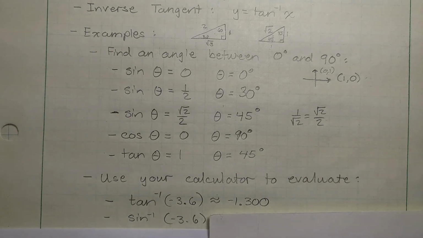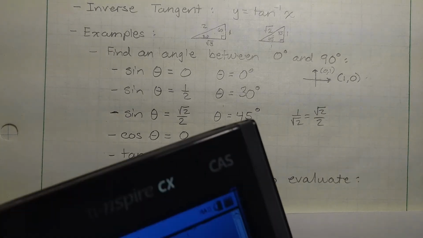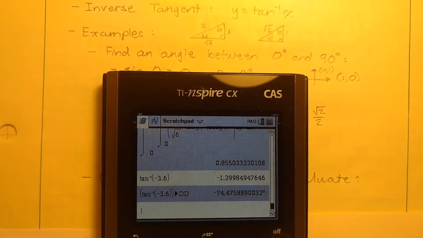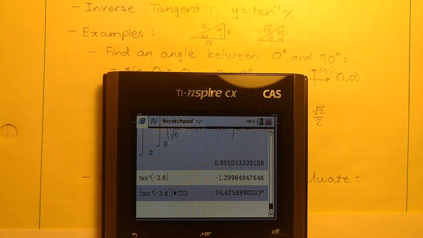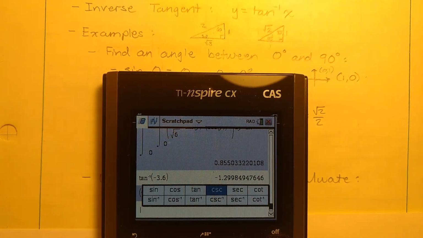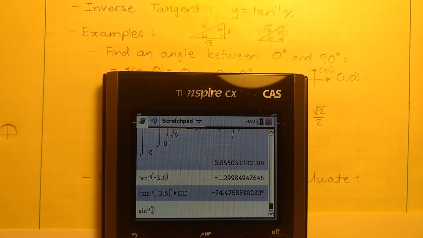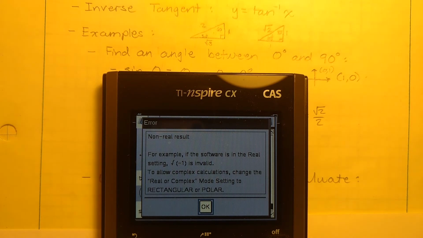Now let's look at the inverse sine of negative 3.6. So now I go in here to my calculator, I put in the inverse sine of negative 3.6, and I hit enter, and I get this error message. Why do you suppose I'm getting an error message? Well, notice what I put in for a ratio was negative 3.6.